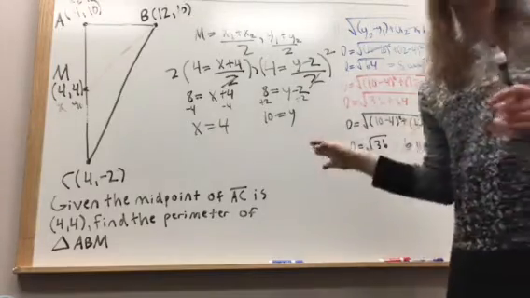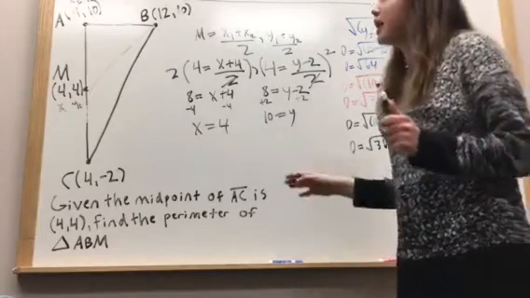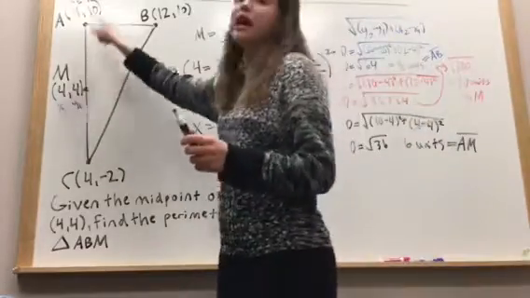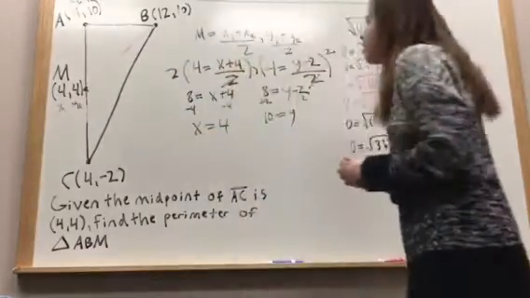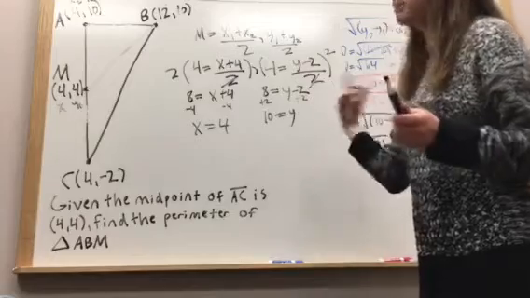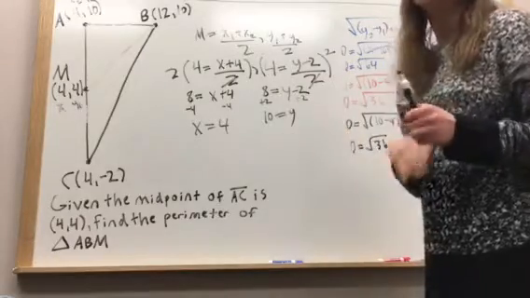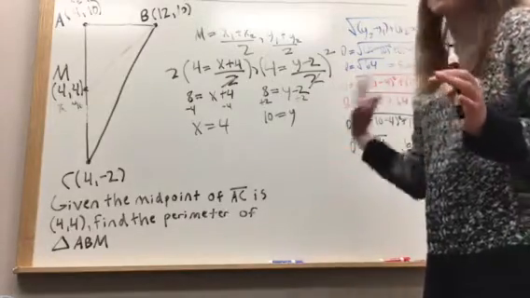All right, so we're almost done. Remember that the perimeter of a triangle is the sum of all of its sides. So I found the distance of AB, the distance of BM, and the distance of AM. All I have to do now to finish this problem is to add those distances together.